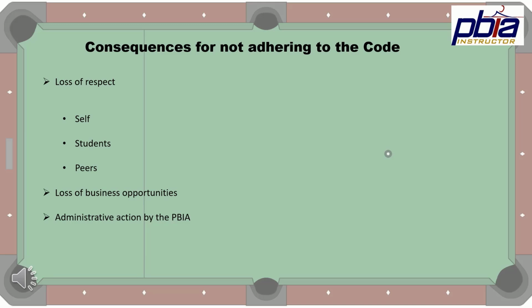Peers and colleagues also refer students to you based on your abilities and how you approach your job. And of course, there can always be administrative action taken by the PBIA that could cause you to lose your certifications.